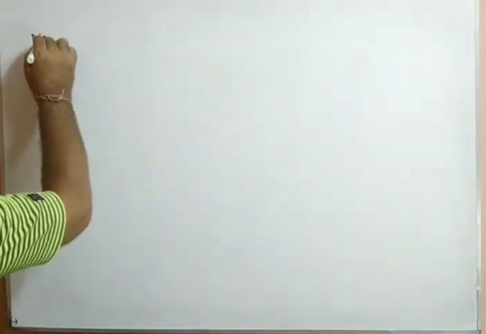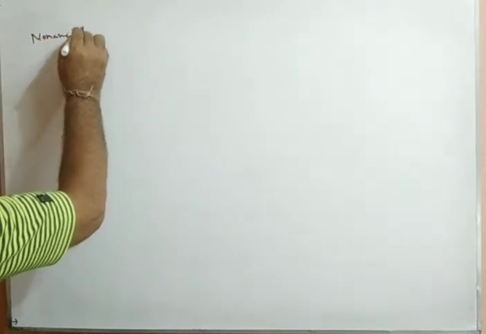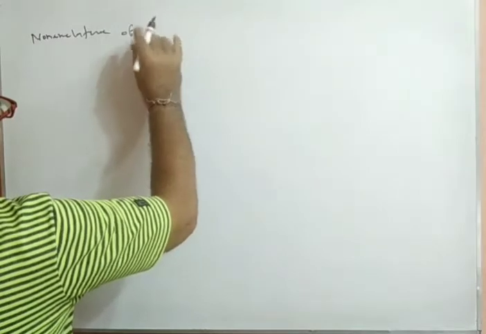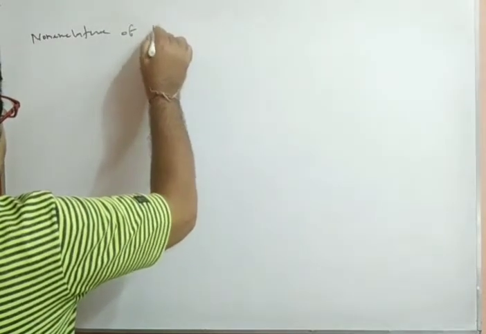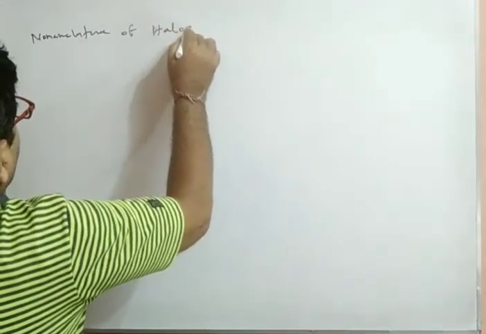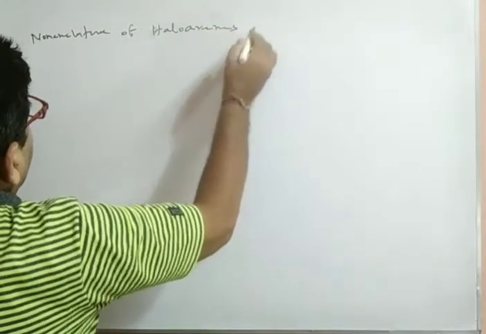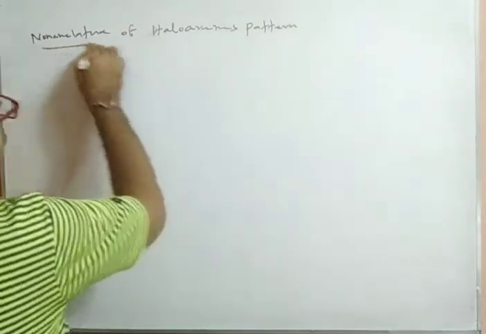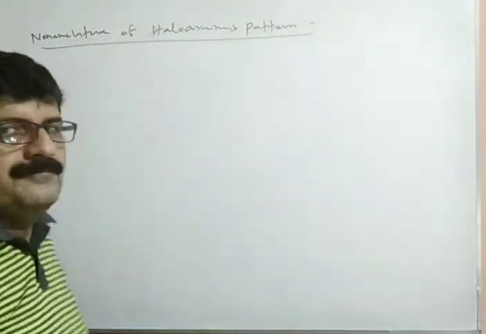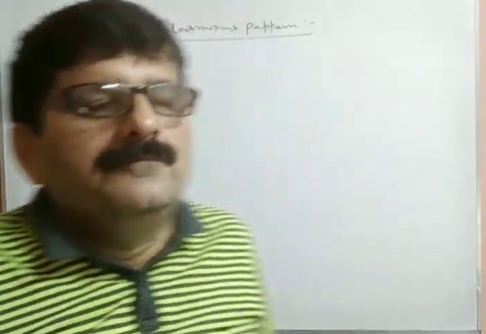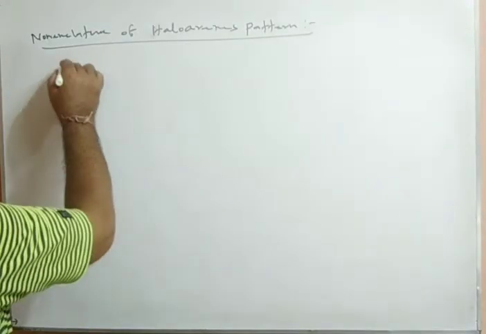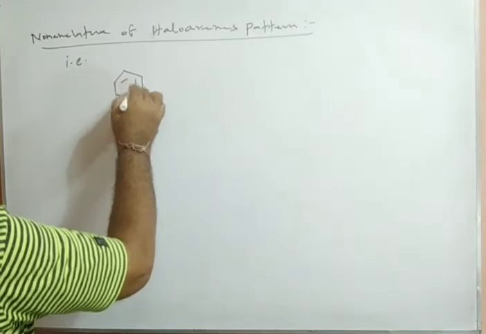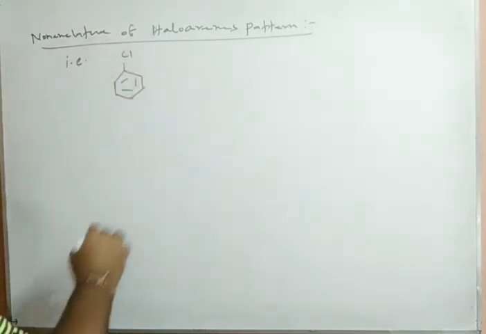So, nomenclature of haloarenes pattern. Suppose this compound is given, we can write what?